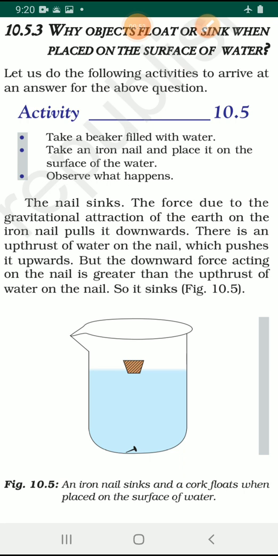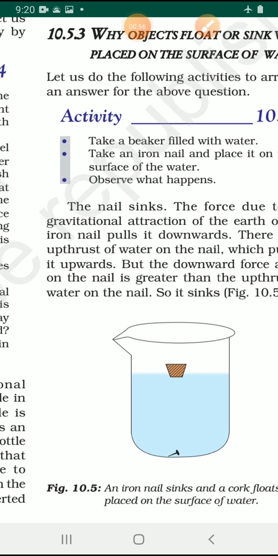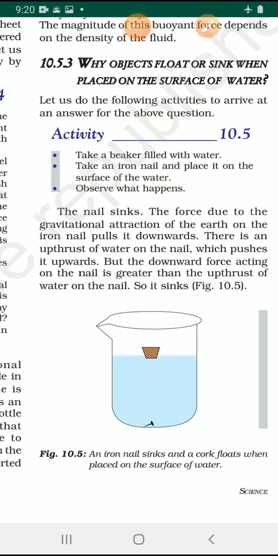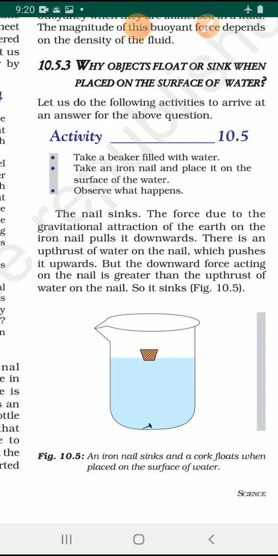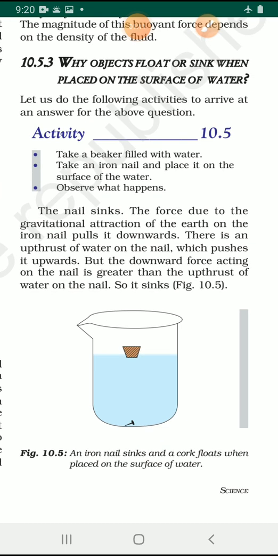In one of the activities in the previous class, a bottle floats on the surface of water wherein a small coin sinks in the water. The reason behind it, as we have discussed, is that when some objects are immersed in the water, the water applies a force on those objects.